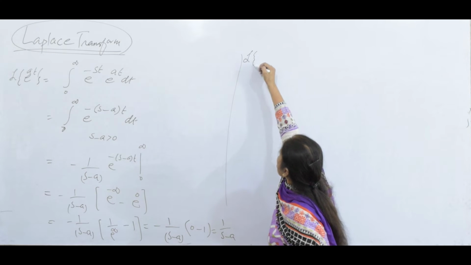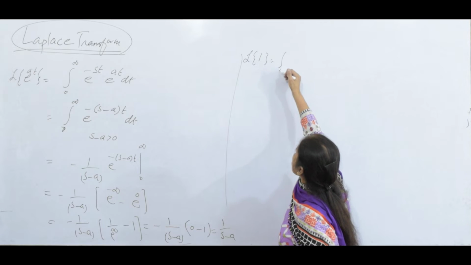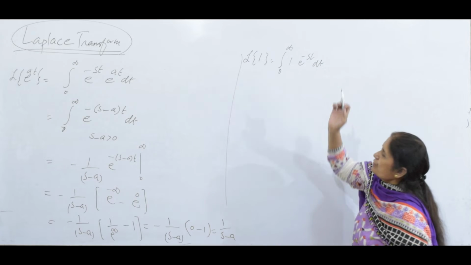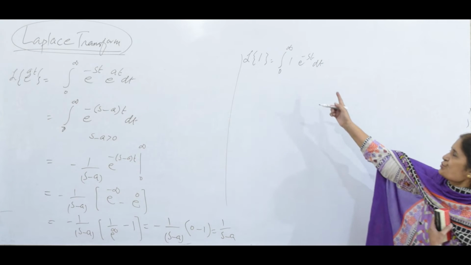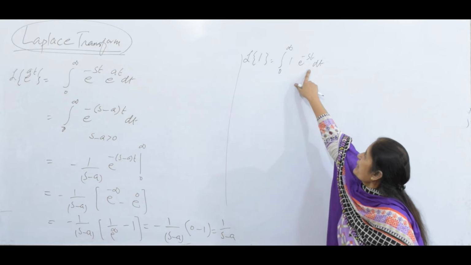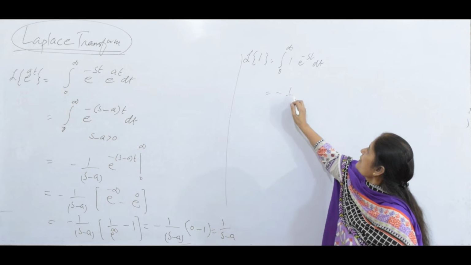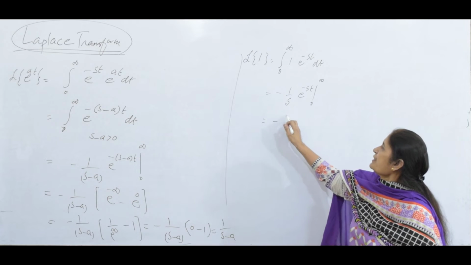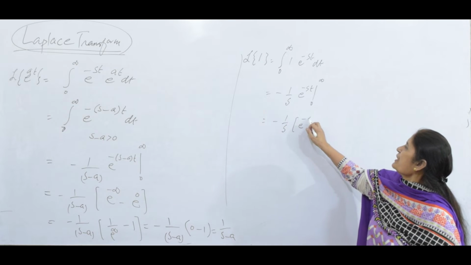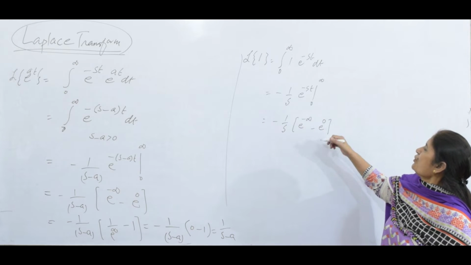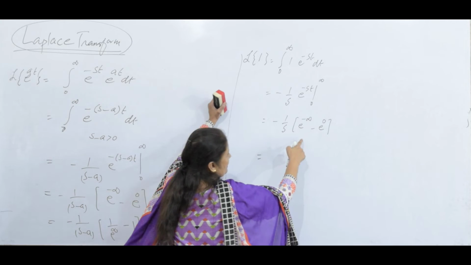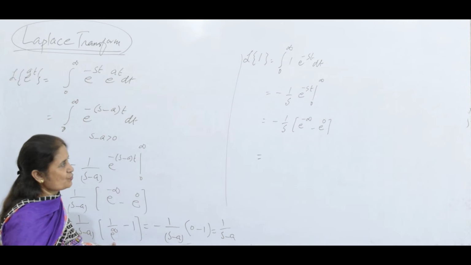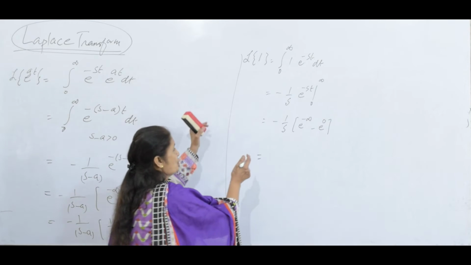Now the Laplace transform of 1, which by definition is the integral from 0 to infinity of e^(-st) dt. f(t) is 1 this time. Integrating, minus 1 over s times e^(-st) from 0 to infinity. e^(-infinity) is 0, since 1 over e raised to the power infinity is 1 over infinity, which is 0.